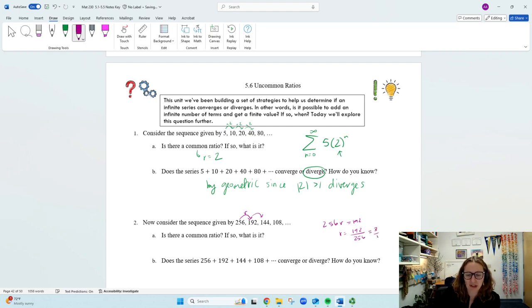It actually ends up being 3/4. So what I can multiply by each time, and you can check this out, is 3/4. I can even write this as a geometric series, but we can already tell since the ratio is 3/4 and that is less than 1, I'm going to assume this is going to converge geometrically.